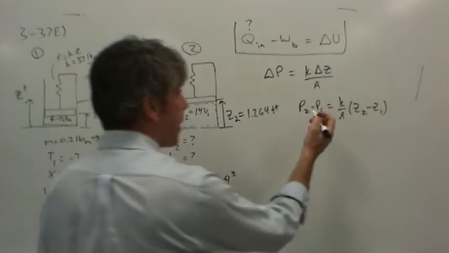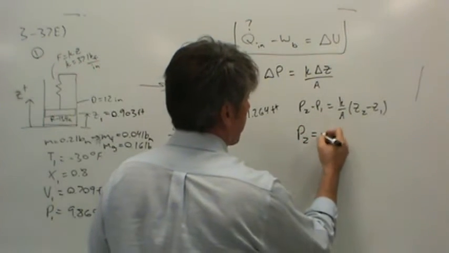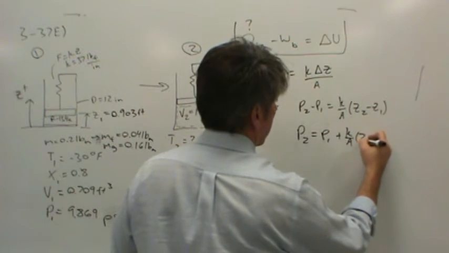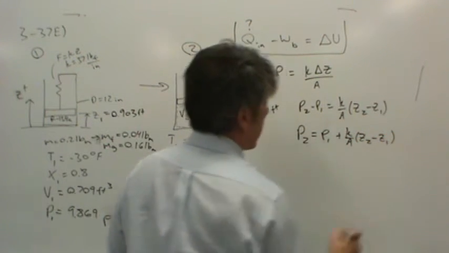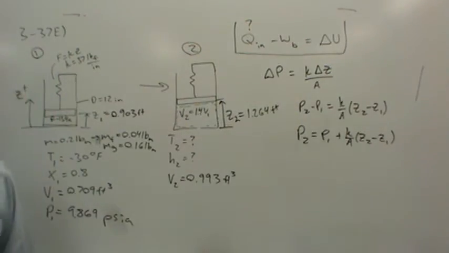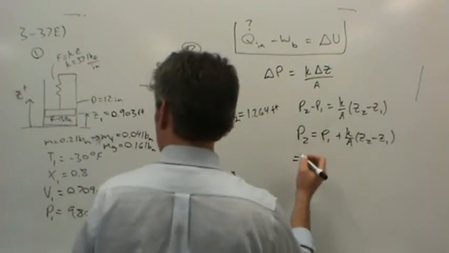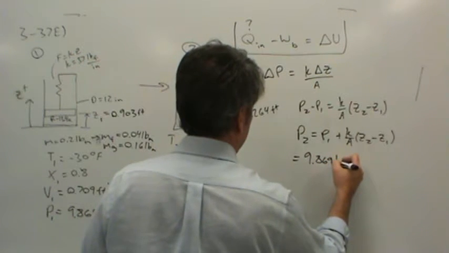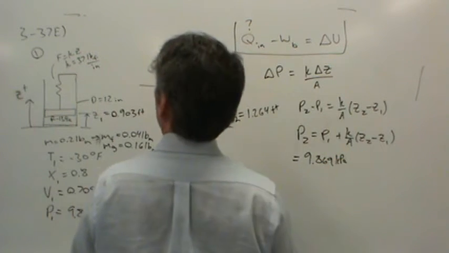Okay, so notice what we could do. We could solve for the pressure in state 2 from this. All right? So let's do it. So the pressure in state 2 is 9.869 kilopascals.